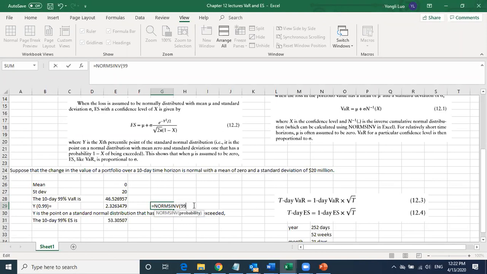So you put in 99%. That's Y. Once you get this number, you substitute this Y into 12.2. This is the equation.